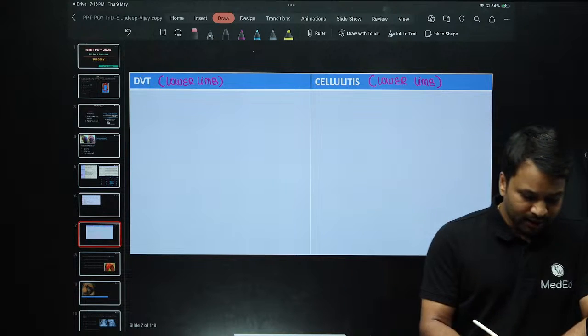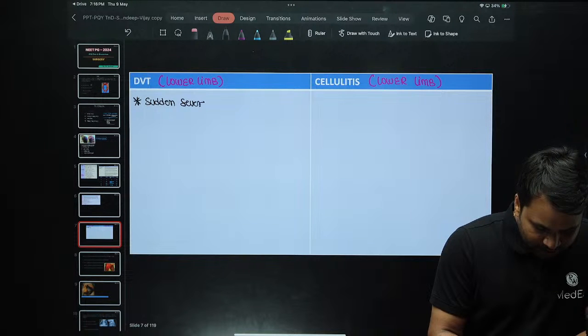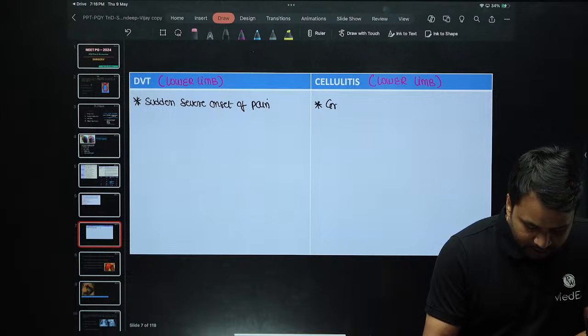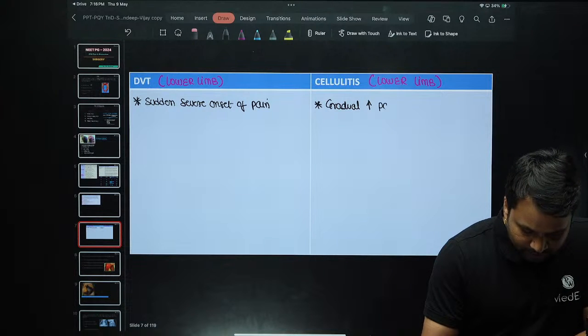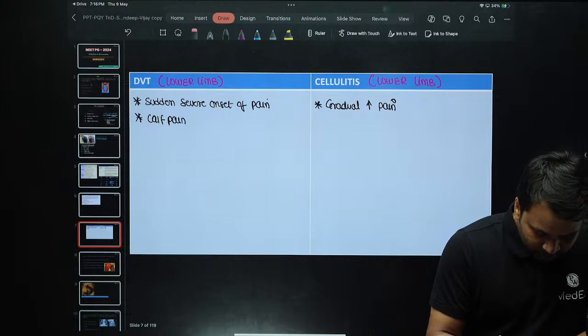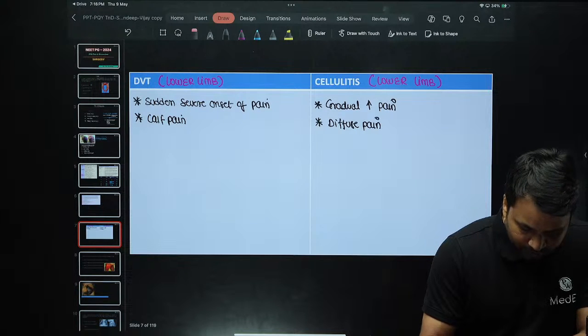But in DVT, you will see there is sudden severe onset of pain. Cellulitis will have a gradual increase in pain. In DVT, you will see associated calf pain alone, but cellulitis will have a diffuse pain.